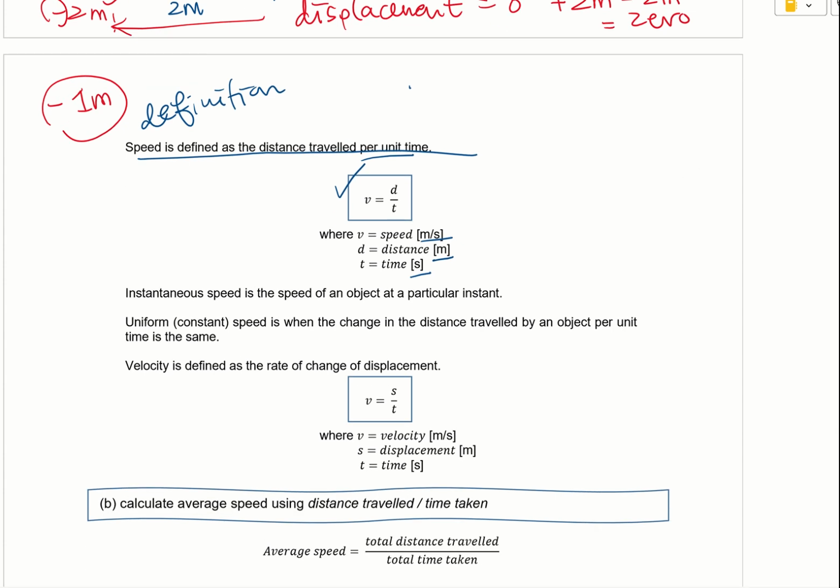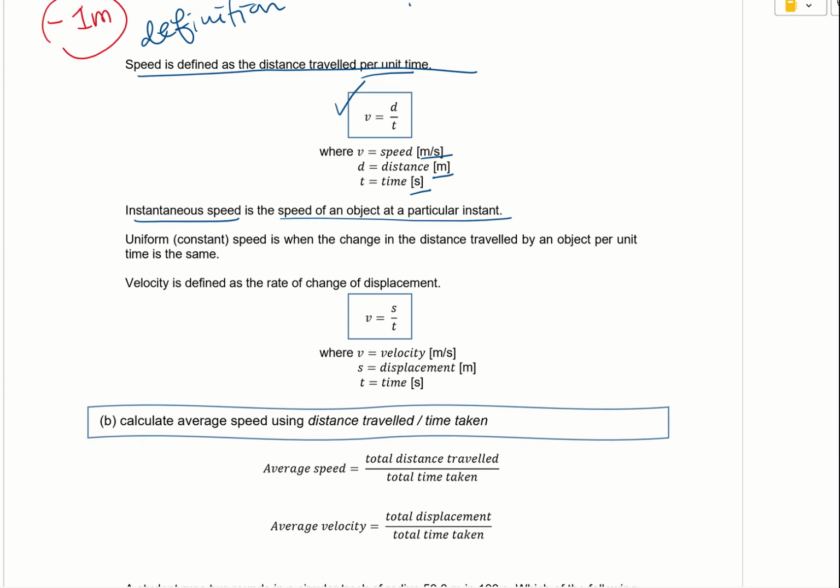Now, there's this thing called instantaneous speed. It is the speed of an object at a particular instance. So if, let's say I'm driving, okay, I will look at my odometer or the speed meter to tell me what is my instantaneous speed. Now, uniform speed is when the change in the distance traveled by an object per unit time is the same. That means they have the same change in distance for every second.